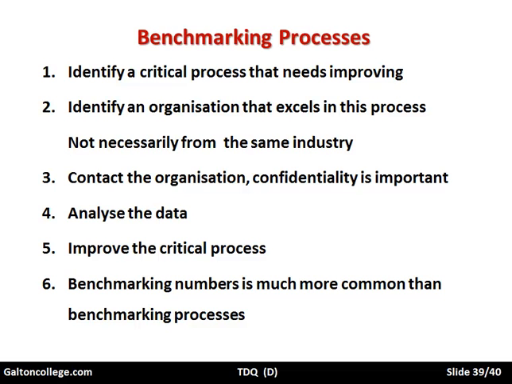Benchmarking numbers is much more common than benchmarking processes. By and large, benchmarking does require quantification. The management need to know how many units are going to be produced in an hour, how many units should be produced in the hour, how many actually are, and that will trigger off. It's not as subjective, it's not amenable to subjective reasoning as such.